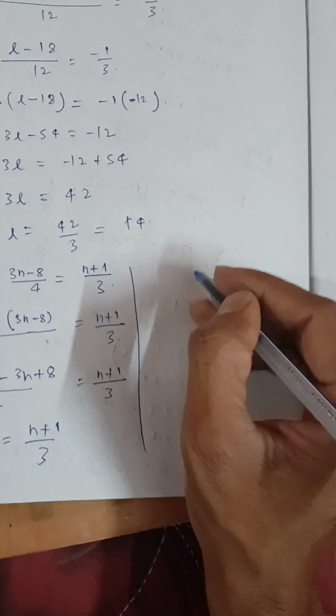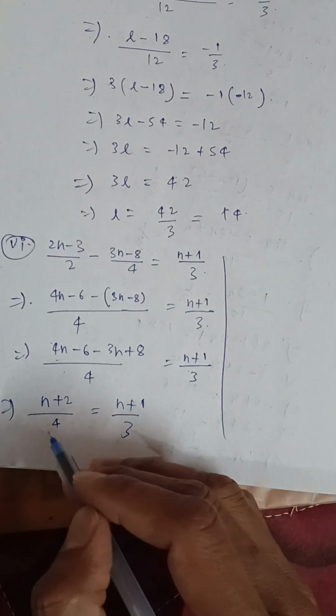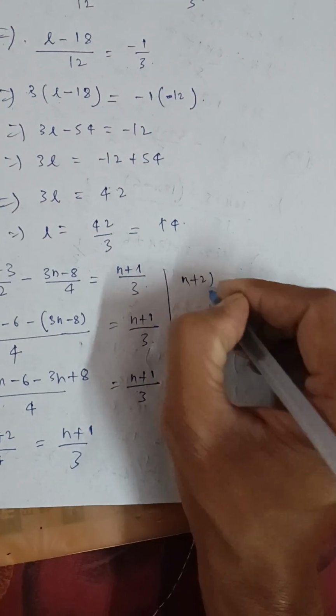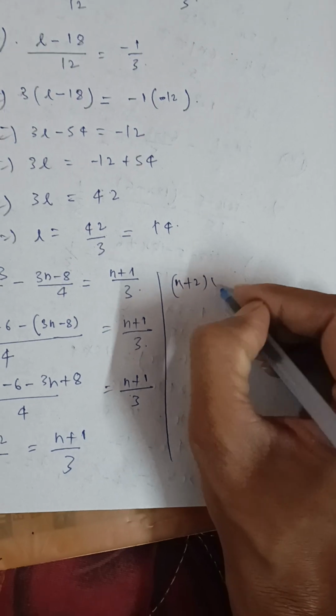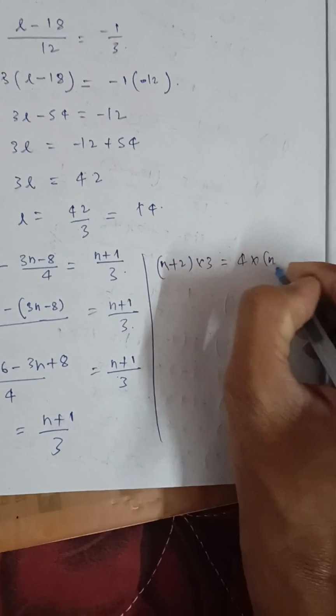In the next step, we see that (n plus 2) into 3 equals 4 into (n plus 1).